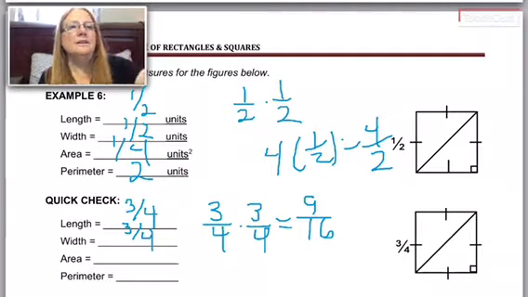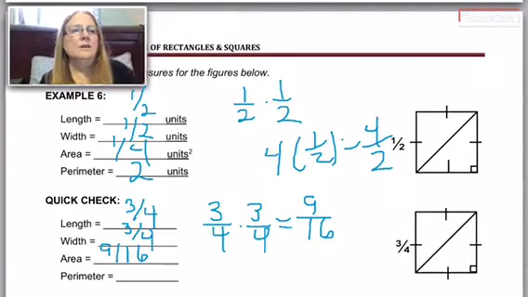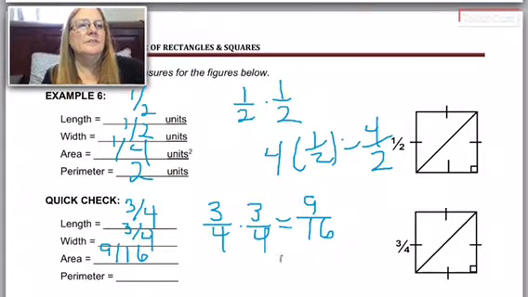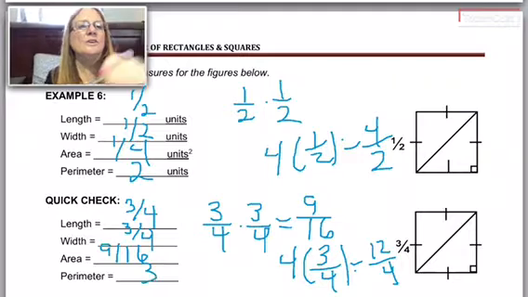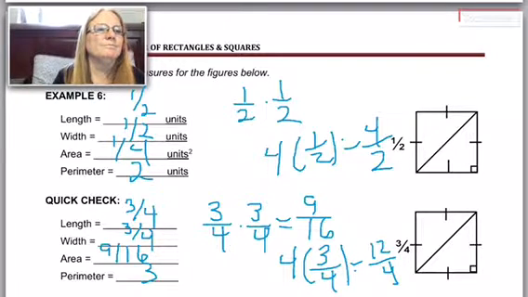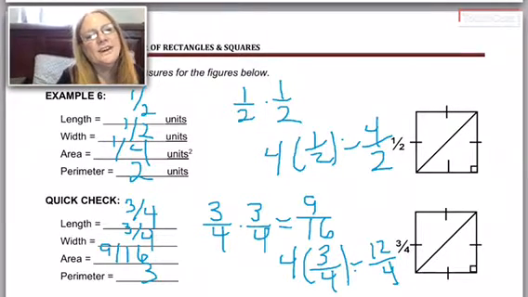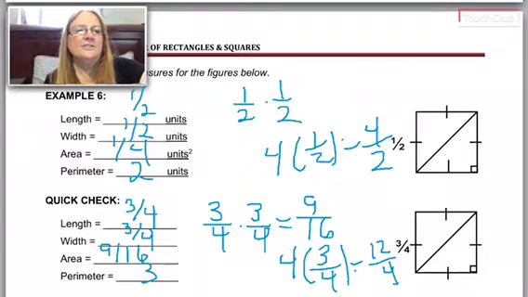And I don't think that can be simplified, so just 9/16. And then the perimeter is 4 times 3/4, which is going to be 12/4, which is 3. Okay, so that's just having to use fractions.